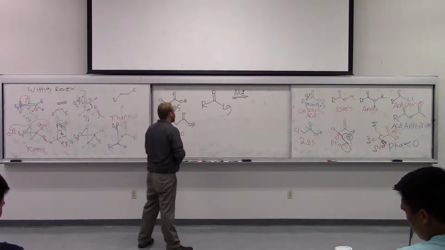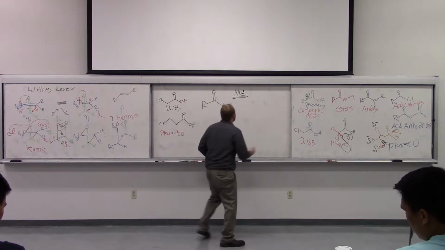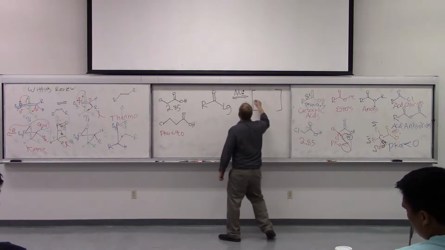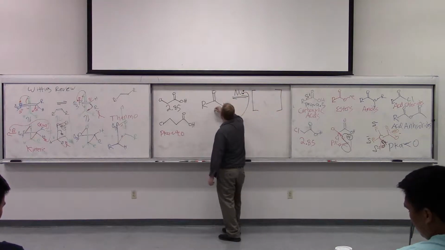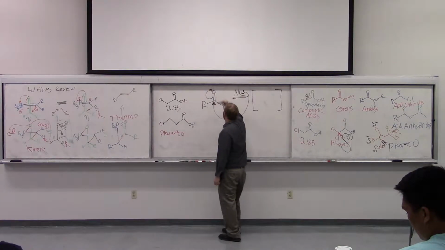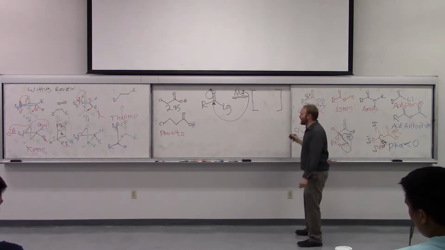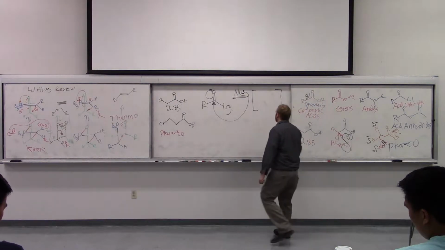We're going to take a nucleophile. The nucleophile is going to add into the carbonyl to give us a tetrahedral intermediate.